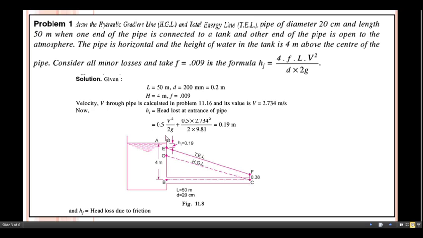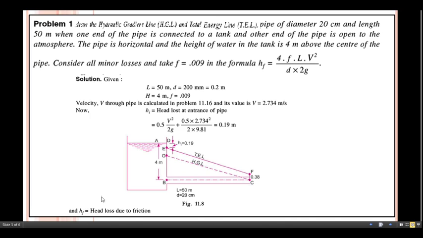Now hi indicates the head loss at entrance of pipe. This can be calculated with the help of this relation, 0.5 V square divided by twice g, equals 0.5 multiplied by the value for the velocity 2.734 square divided by twice g. Here g is 9.81. After doing calculation we get 0.1819 meter.